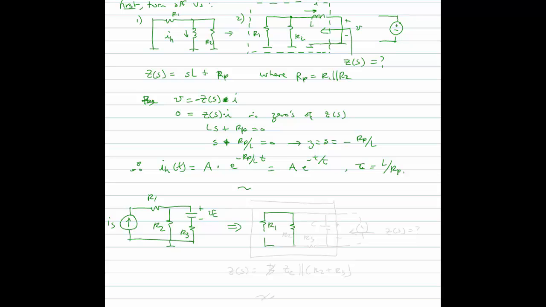I would go ahead and redraw this. And now I'm looking into this port here. It's kind of like I was driving it with the current source, and I'm turning it off. This is the voltage that I'm looking for. So we'd simply have Z of S equal to Z of C in parallel with, in this case, R2 plus R3, and then we'd proceed from there.